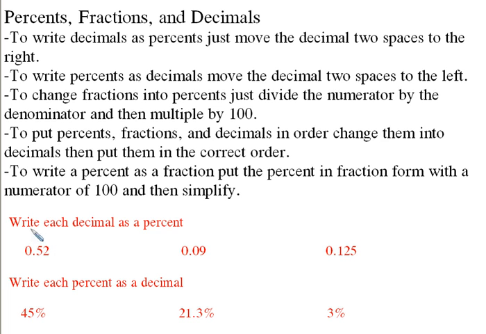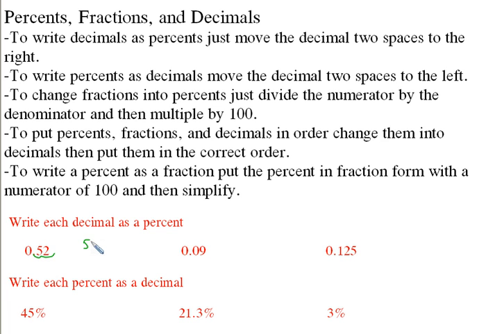So to write each decimal as a percent, all you have to do is move the decimal place 2 spaces to the right. Because remember, we're changing it into this being divided by 100. So 0.52, this is the hundredths place. So it's just going to be 2 spaces over, 1, 2.